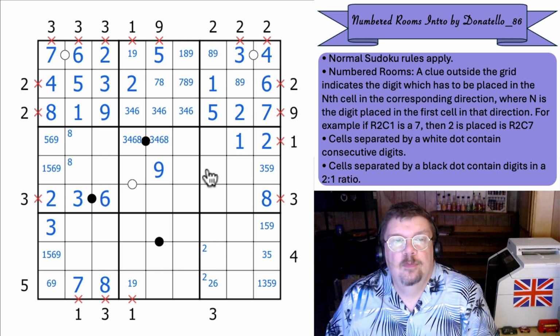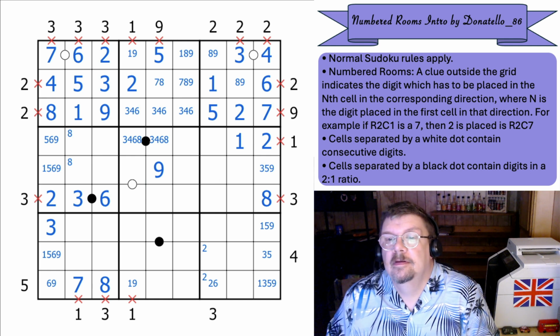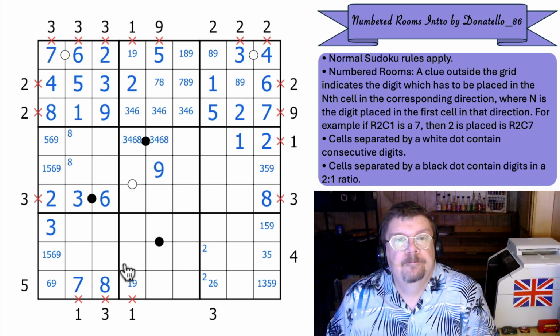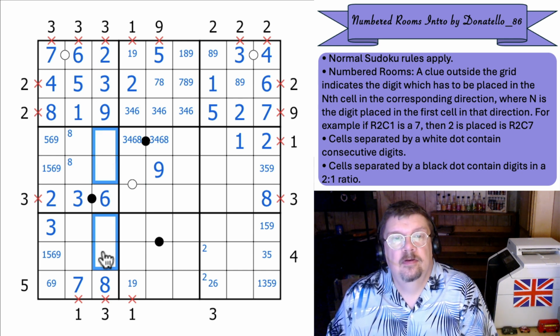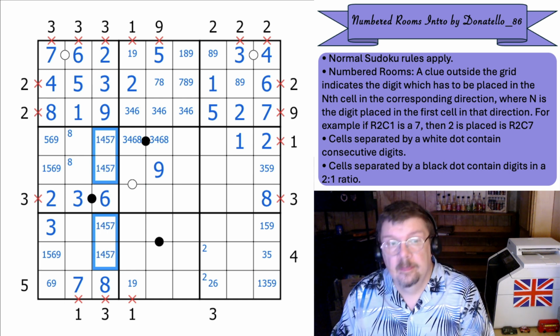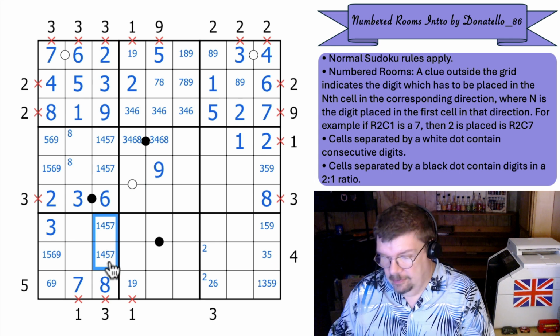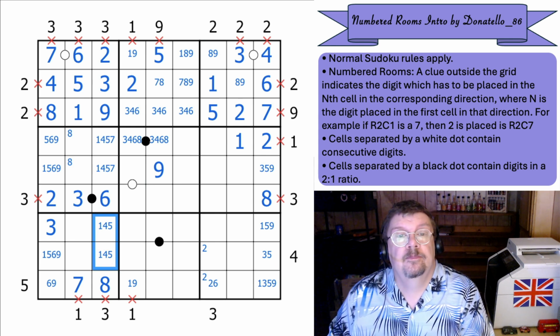I think it must be some more Sudoku then. So we have a 7 in one of those two. In fact, let's have a look at this column. We need 1, 4, 5, 7. And those are not 7. That's not a 1.